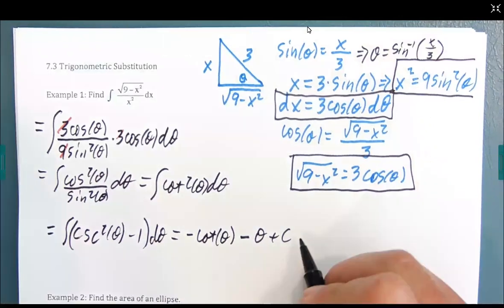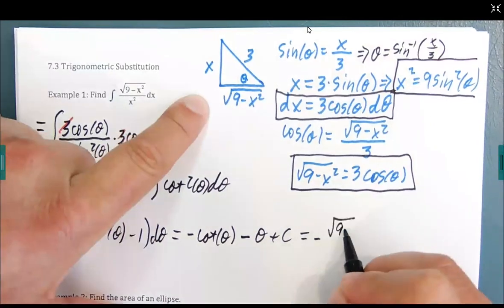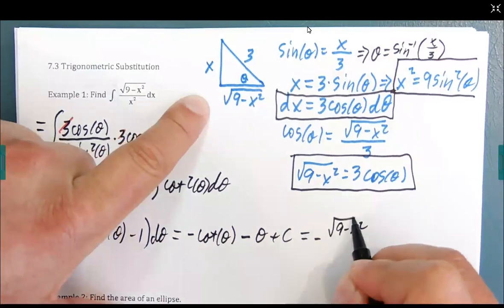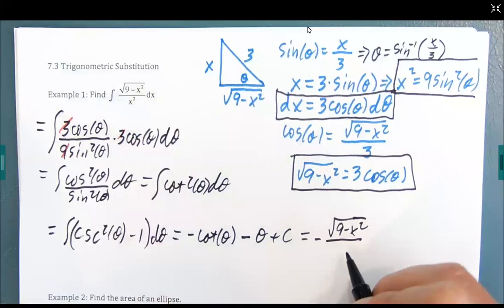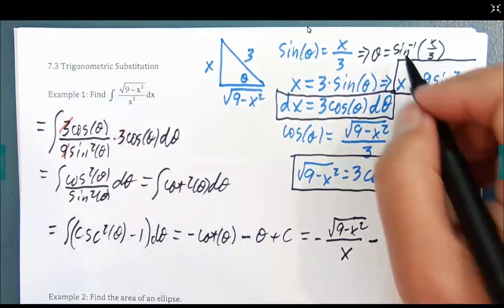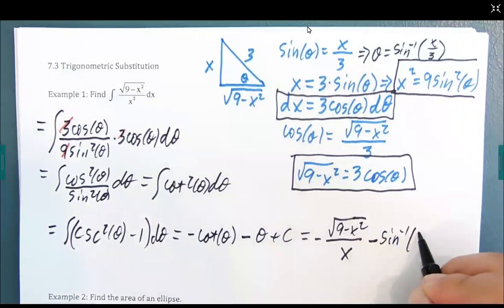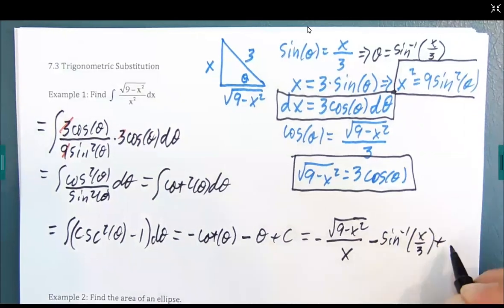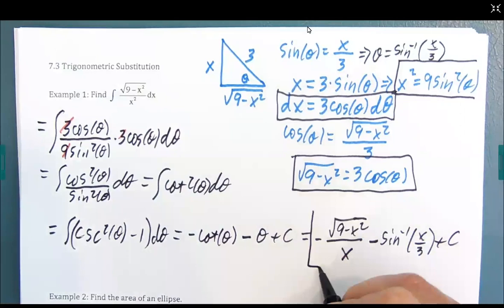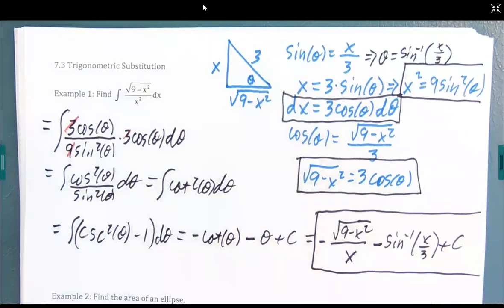So this transforms into the adjacent, so negative square root of 9 minus x squared over the opposite, which is x, minus theta, which is the inverse sine of x over 3, plus c. All right, so that is trig substitution.